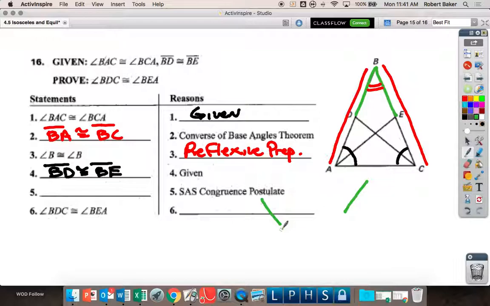Then we have this red side is congruent to this red side. Then we have these congruent angles between them. That is this triangle right here. Triangle DCB is congruent to triangle BEA.